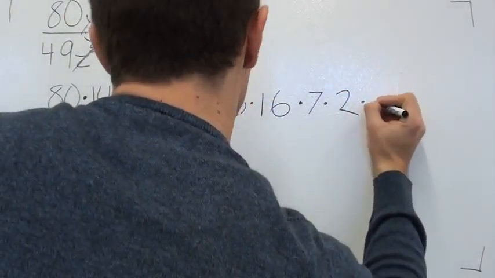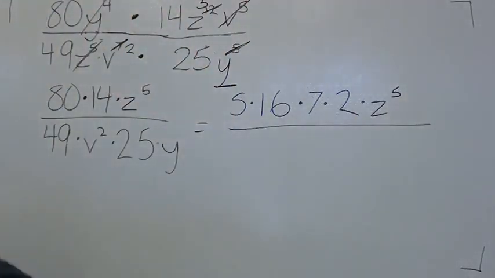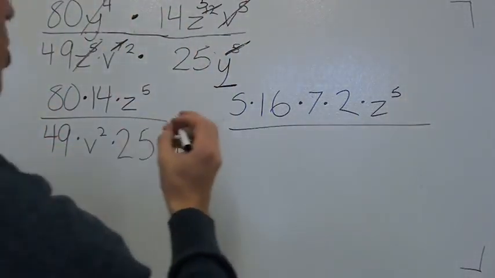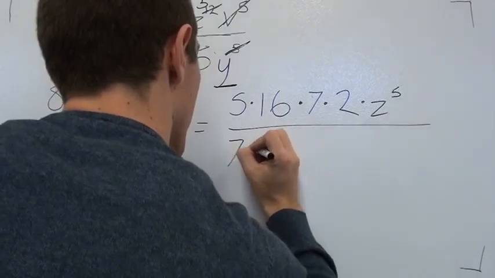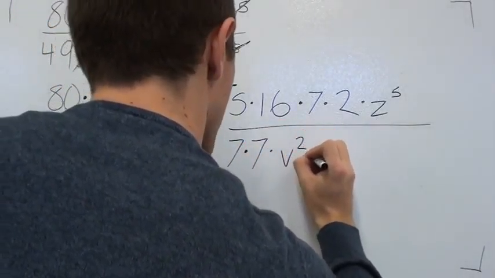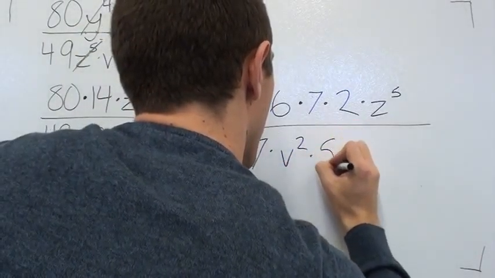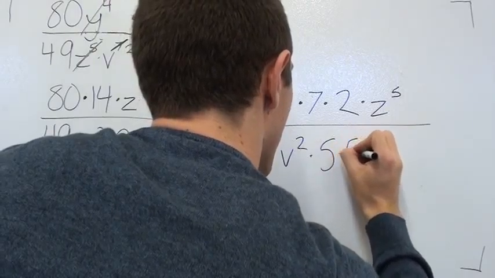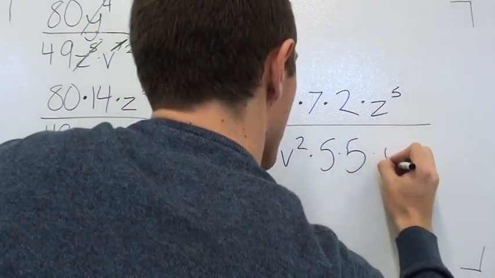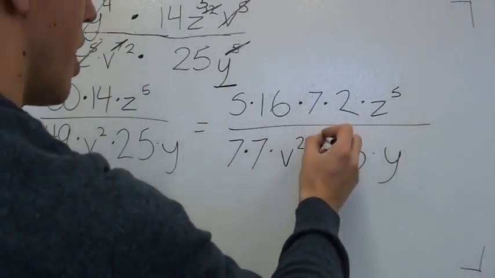So we still have our z to the fifth, right? So 49 I'm going to write as 7 times 7 times v squared times 25 I'm going to write as 5 times 5 times y. All right, so that helps a lot.